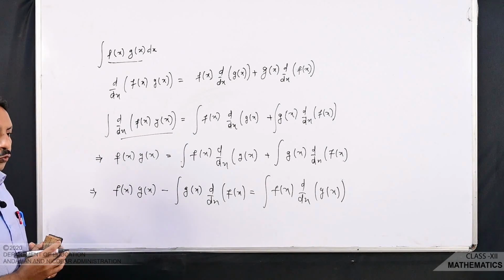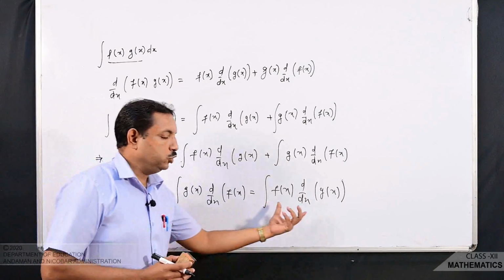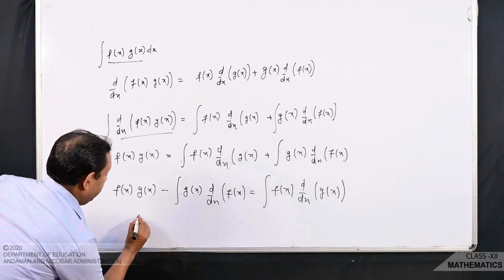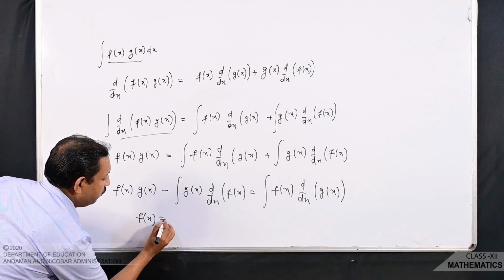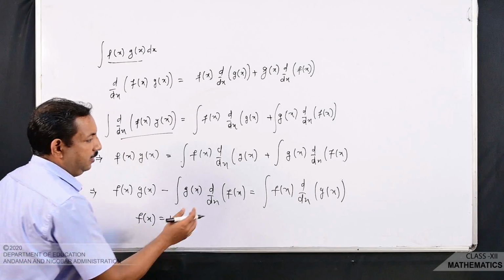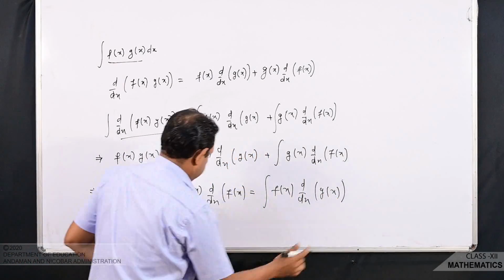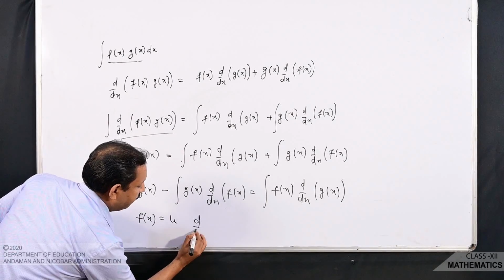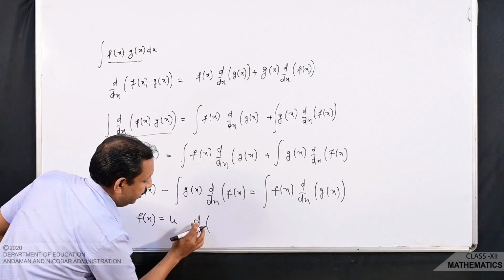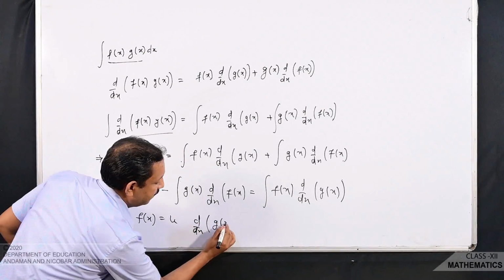Now, let us assume this f of x as u and the derivative of g of x, that means d by dx of g of x, as v.